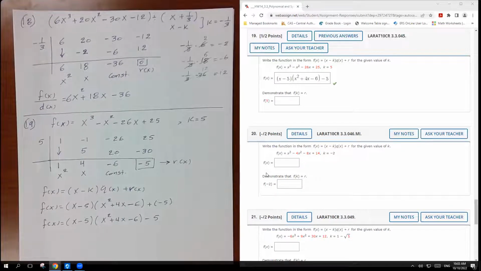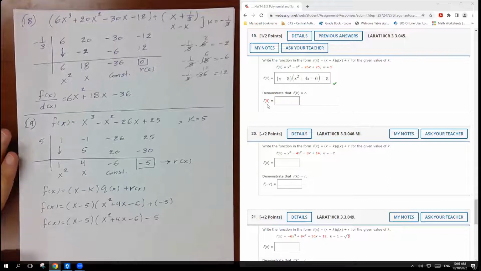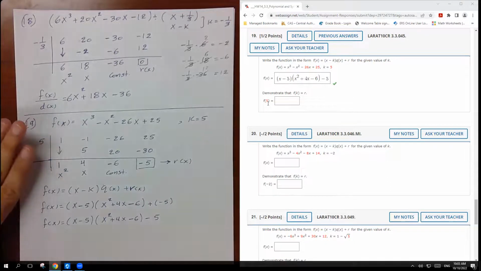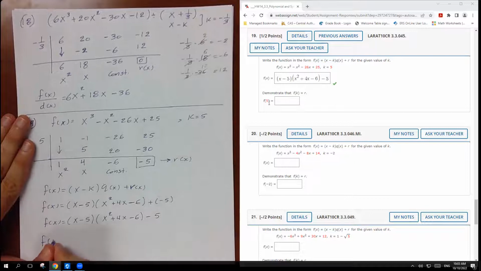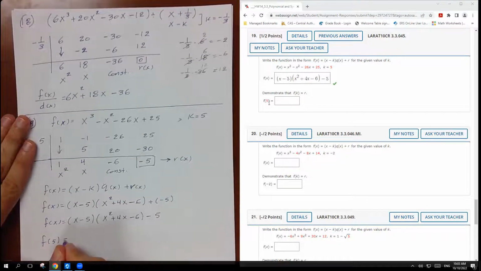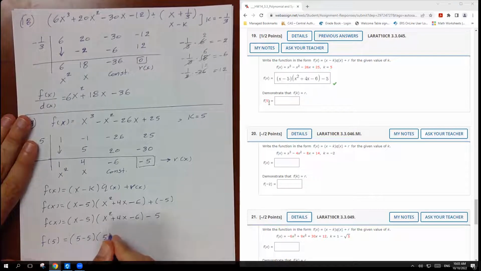So this is right. Now there is another part for this example. They ask you to find f of 5. That means x equals 5. So it's going to be 5 minus 5, times 5 squared plus 4 times 5 minus 6, and everything here is minus 5.